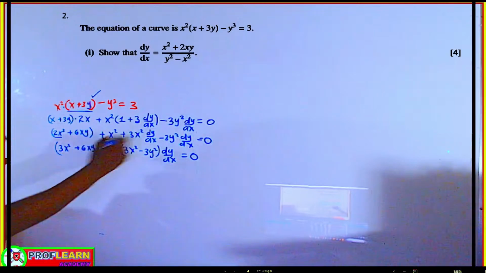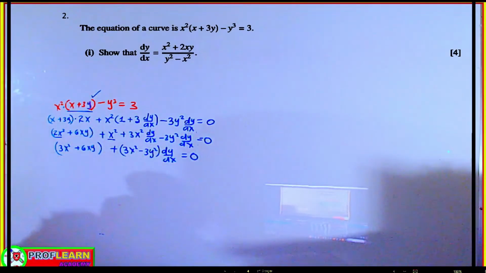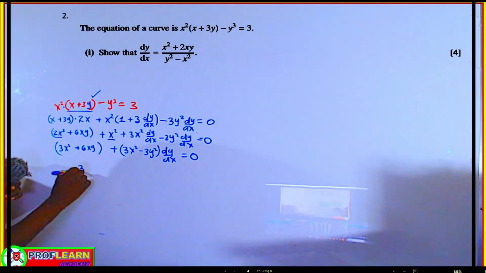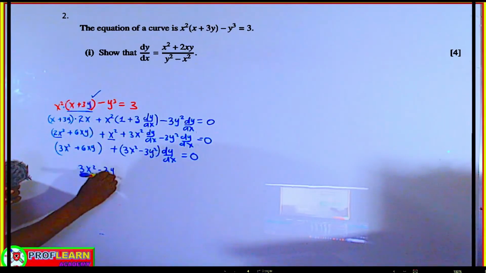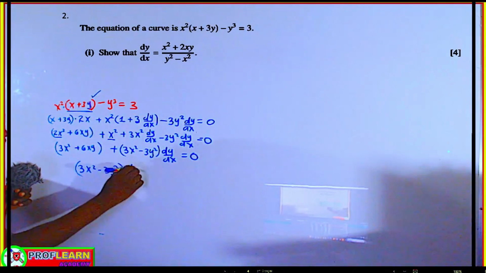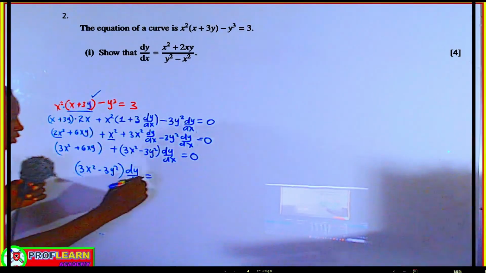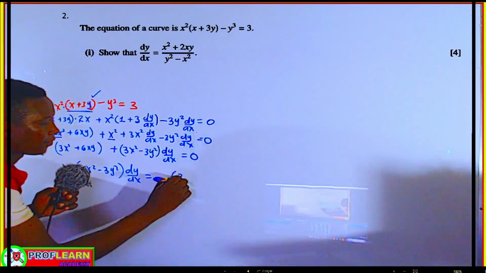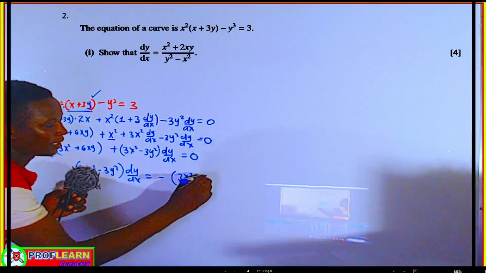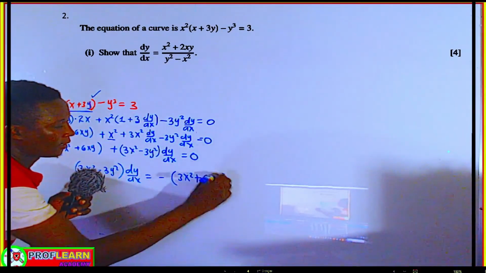I'll take the whole of this term on the other side of the equal sign, and then we remain with 3x squared minus 3y squared dy/dx equal to minus (2x squared plus 6xy).